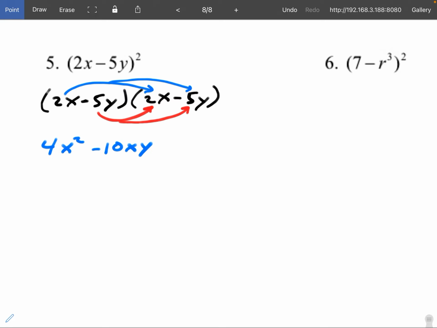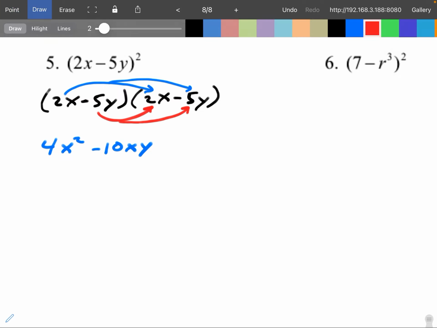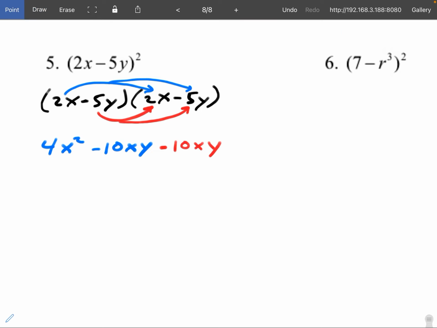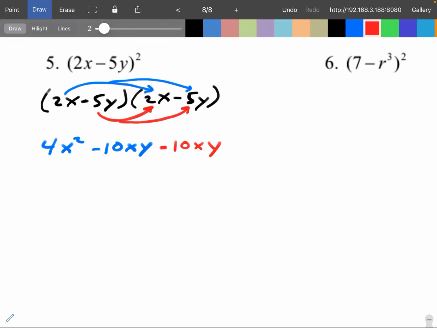The normal convention is to write the variables in alphabetical order. So that's going to give you another negative 10xy. And you already knew that these two terms in the middle had to be identical, that's what I've been telling you. They're both negative 10xy. If that doesn't happen, you know you messed something up.